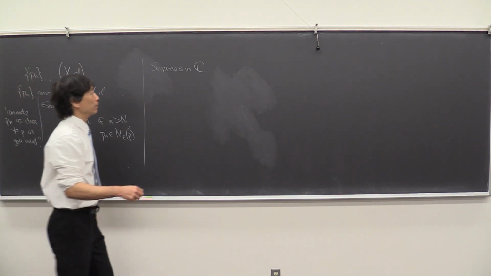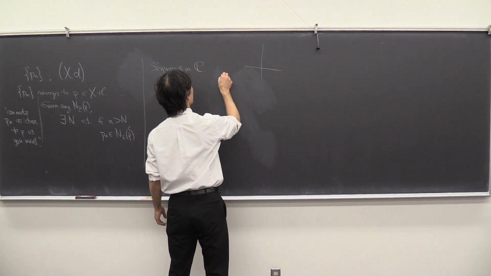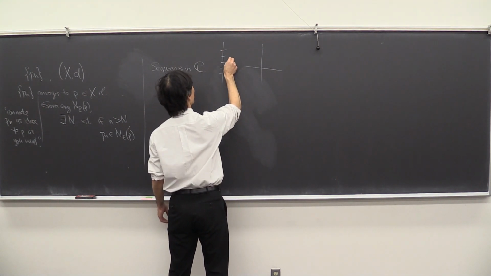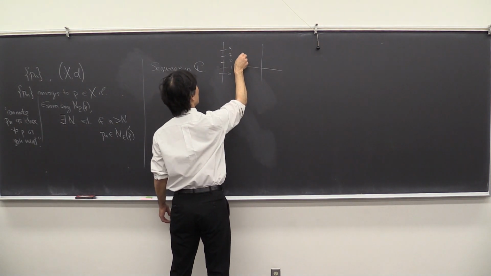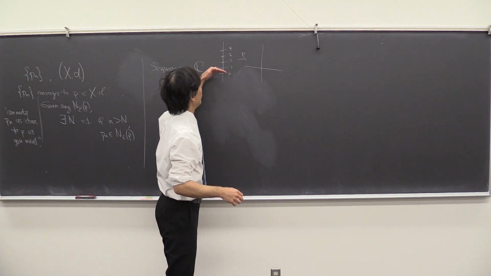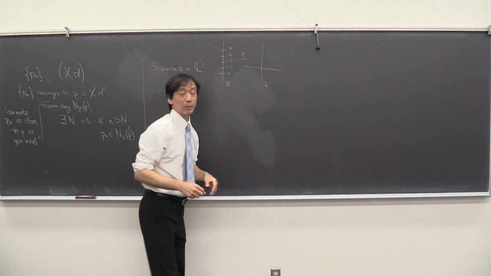So we've got our complex plane, and time 0, 1, 2, 3, 4, and you've got some map from the natural numbers into the complex plane.